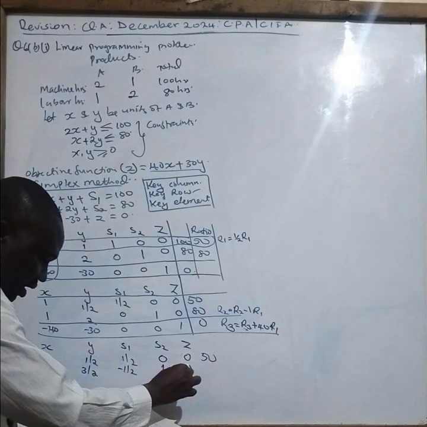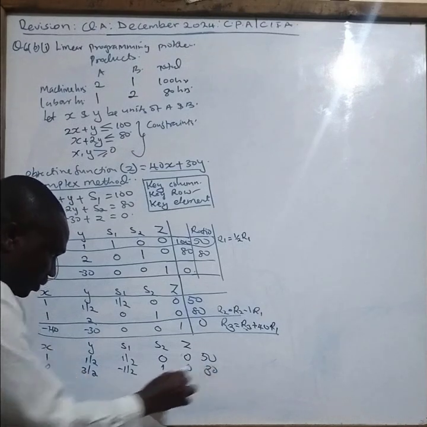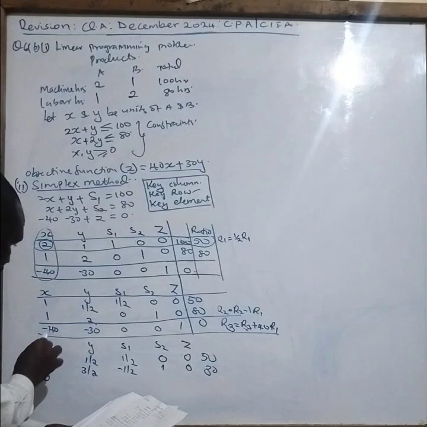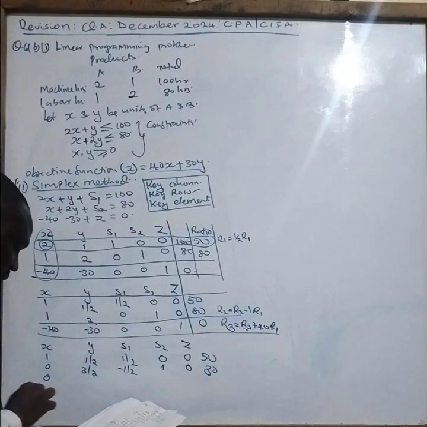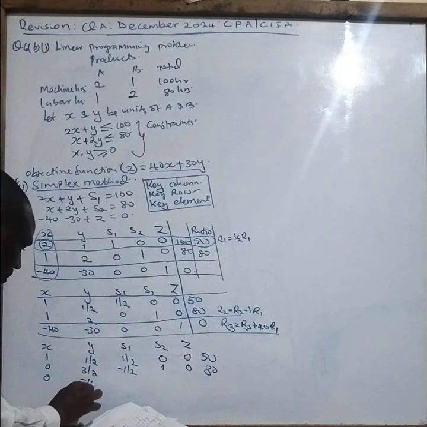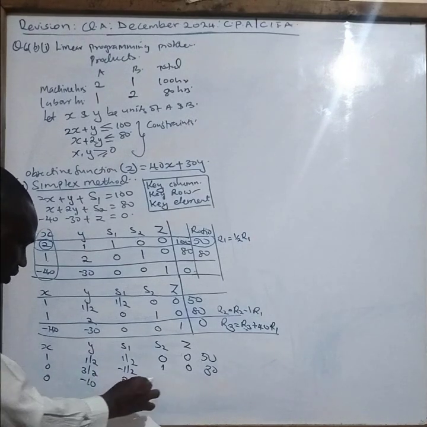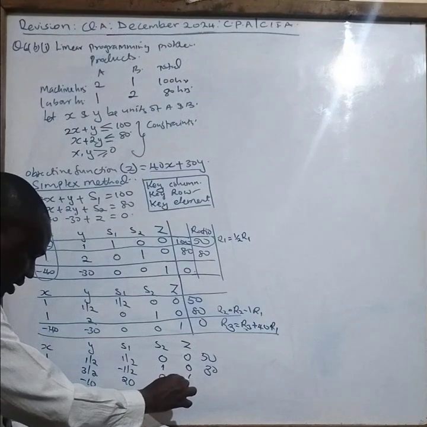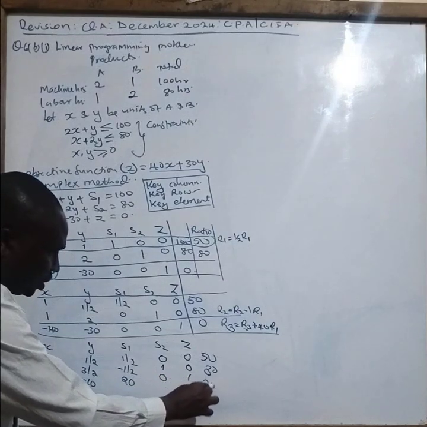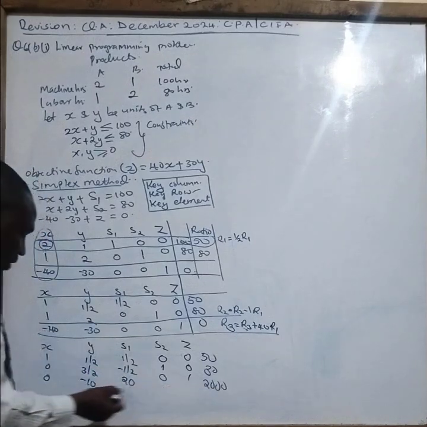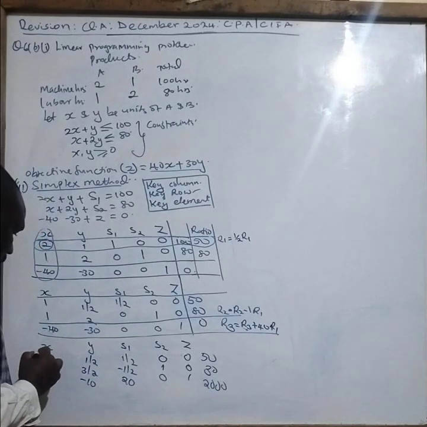And the answer here is 30. Then you go to the third column, which will give you 0. This 40 plus 40 will give you 0. Then you get negative 10. You get your 20. You get your 0. You get your 1. And you get your 2000. If you use your calculator very well, let me test this last one.